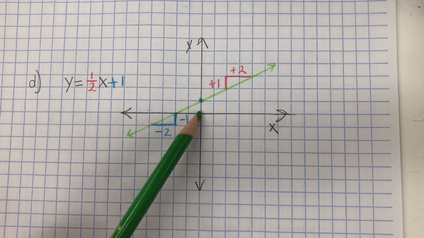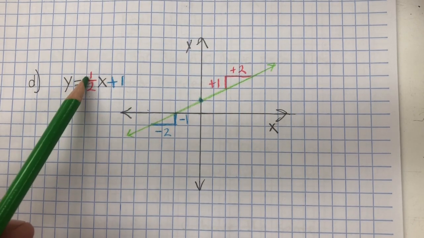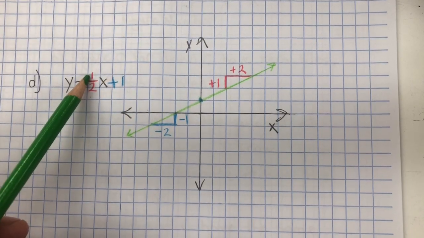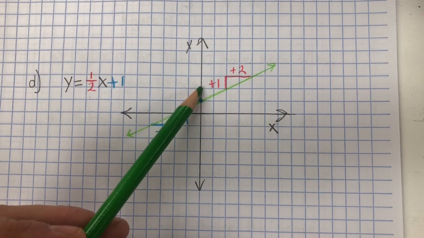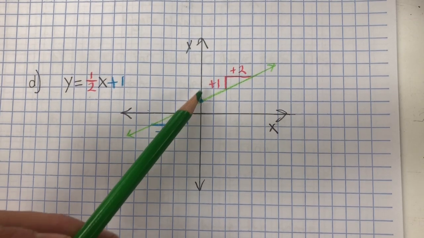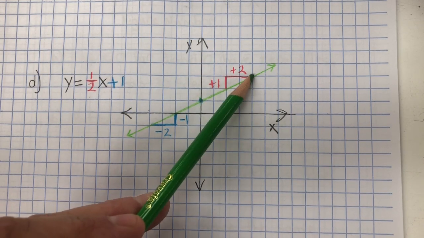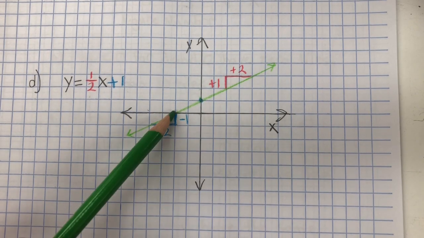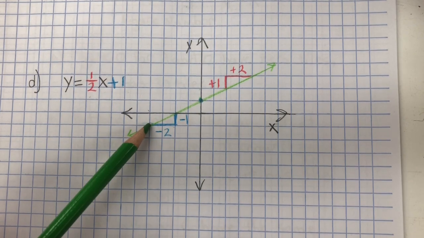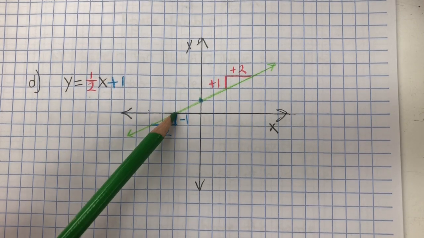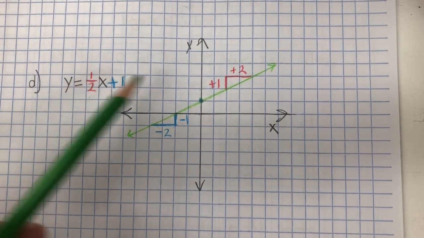So on the y-axis, I go to +1, and then our growth rate, y over x: 1 on the y, 2 on the x, or negative 1 on the y, negative 2 on the x. Remember, a negative divided by a negative is a positive.